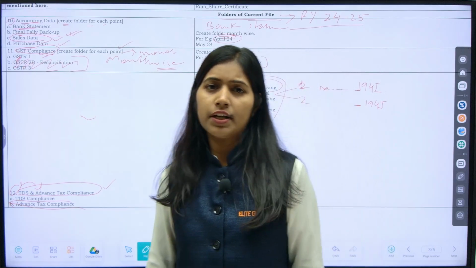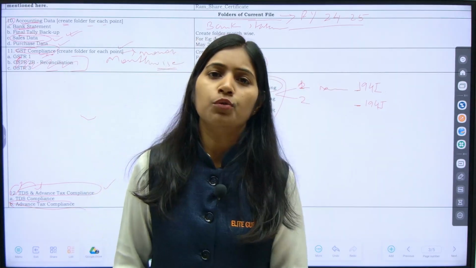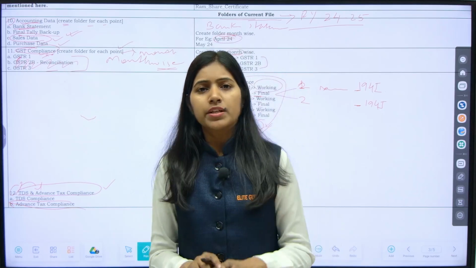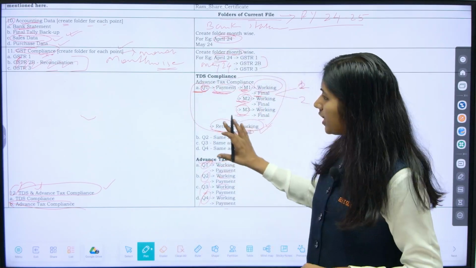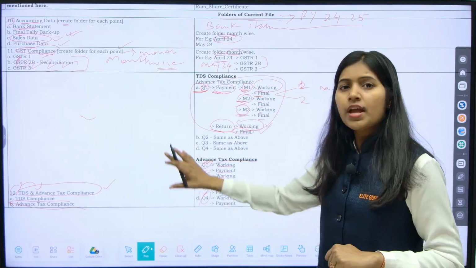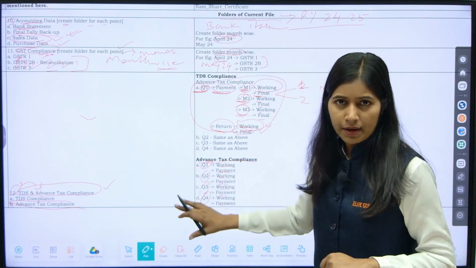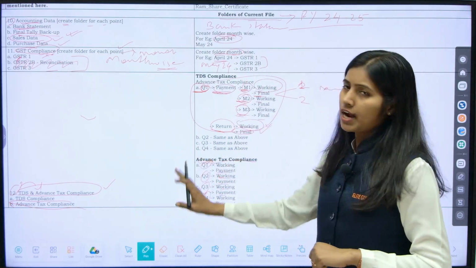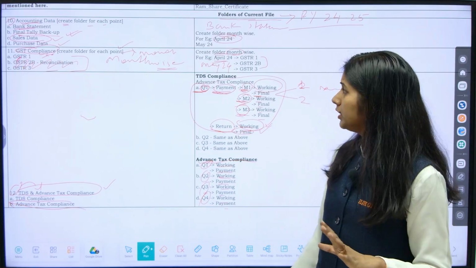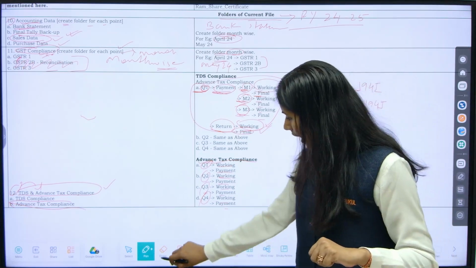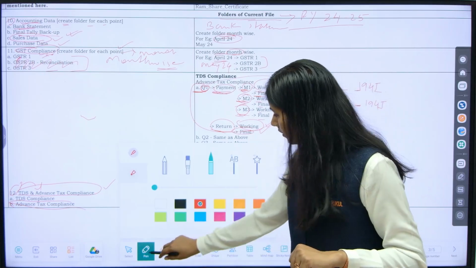Challan. What is working? How much the amount is and how you calculated it. That's all. There is a lot of information you are supposed to keep in the advance tax folder. So if there is a company for whom advance tax and TDS compliances are mandatory, you are supposed to create this kind of folder. It will give you the detailed information. And then we will move to the next thing.